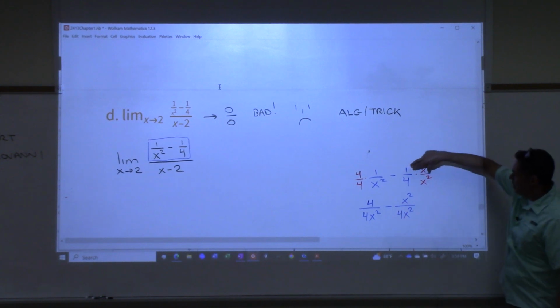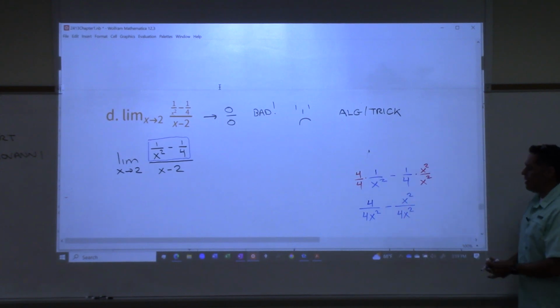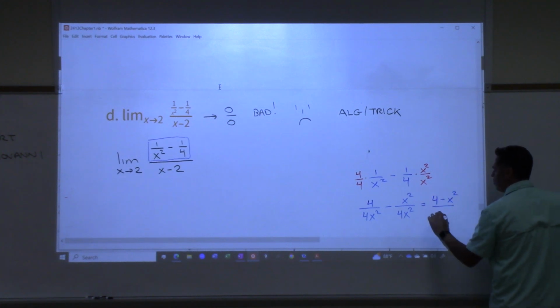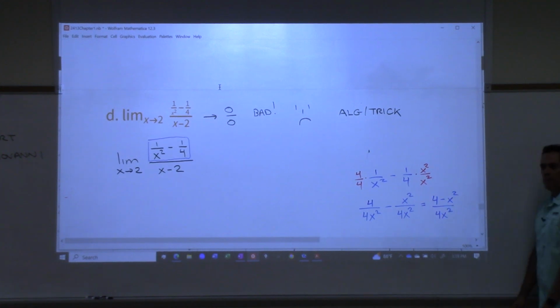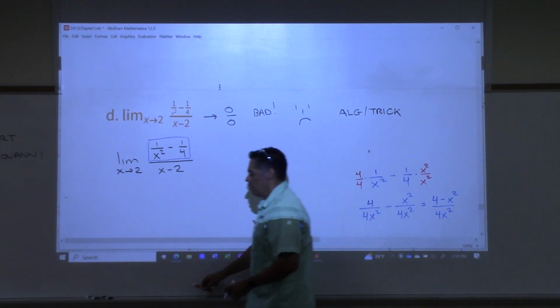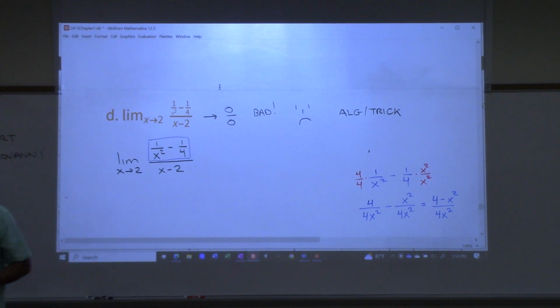Right? I just put these together, multiply, I get that, and since they both have the same denominator, I can put it together into a single fraction. Right? So this is just another way of writing the numerator. Questions? All right.